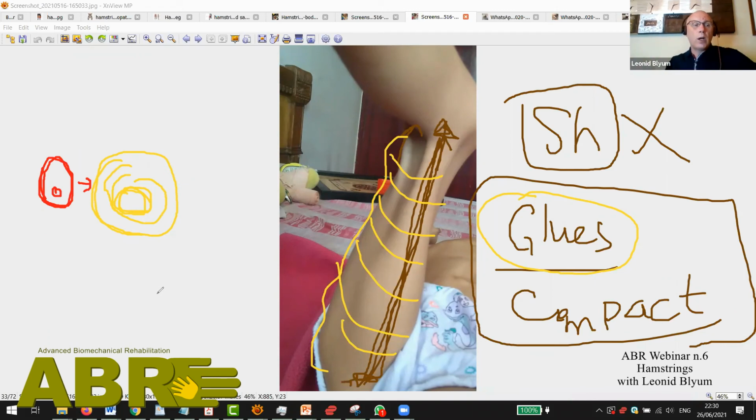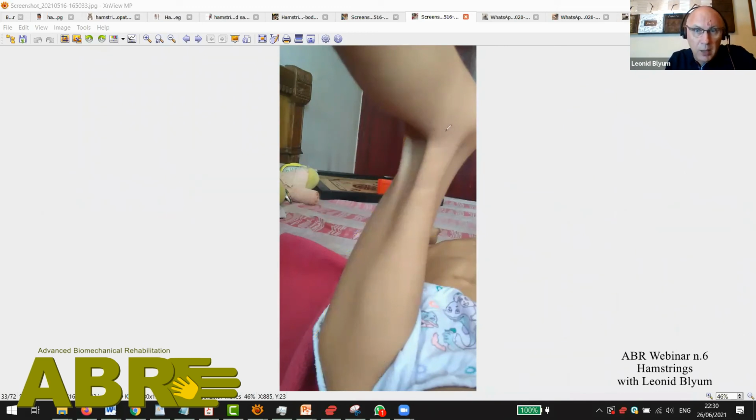So you see, for example, the ABR machine and the change of the leg. Is it going to influence the hamstring? Of course not directly, right? Because if the hamstring is short and you use the ABR machine, which would have the compressions across, right?